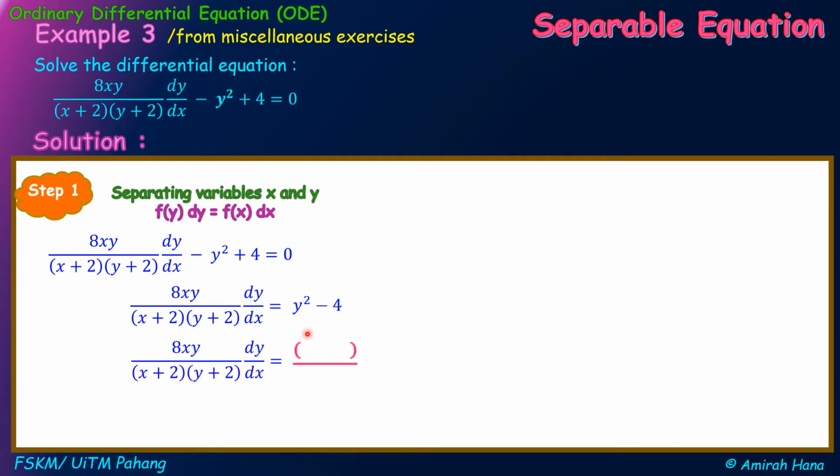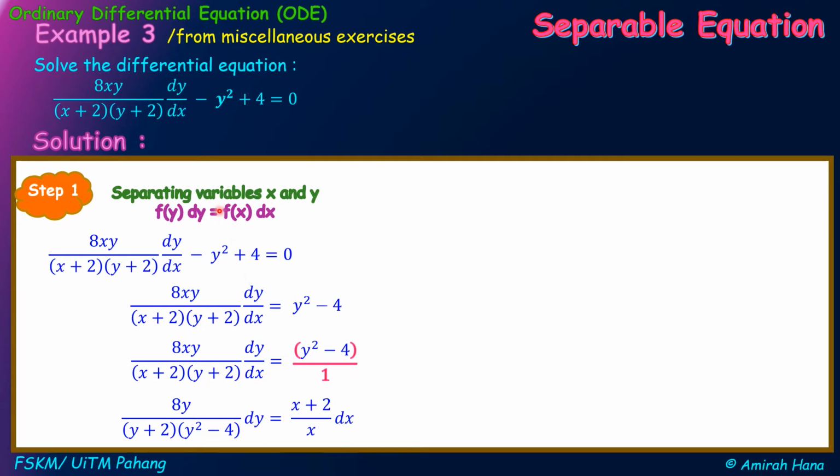Actually, y squared minus 4 can be written in the form of bracket y squared minus 4 over 1. From here, all mathematical operations are multiplication or division, so we can move variable x and variable y.